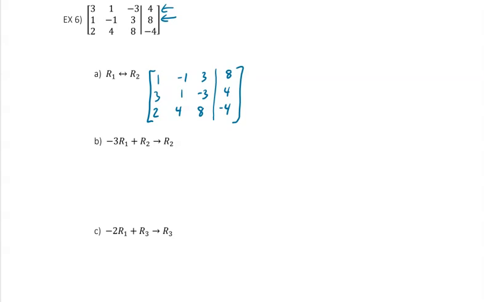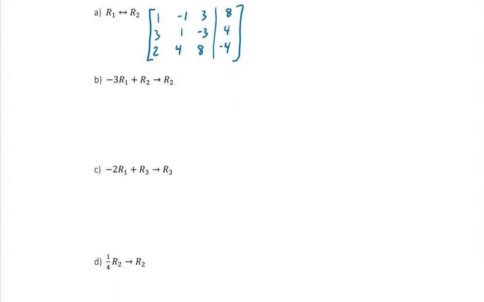All right, now using that matrix, we're going to do part B. So it's going to be -3 row 1 plus row 2 will replace row 2. Again, I'm going to start this with some scratch work.